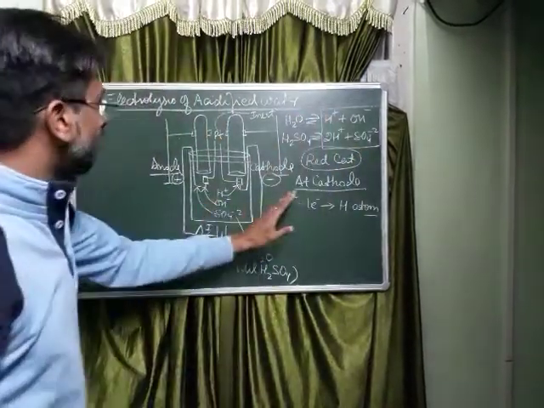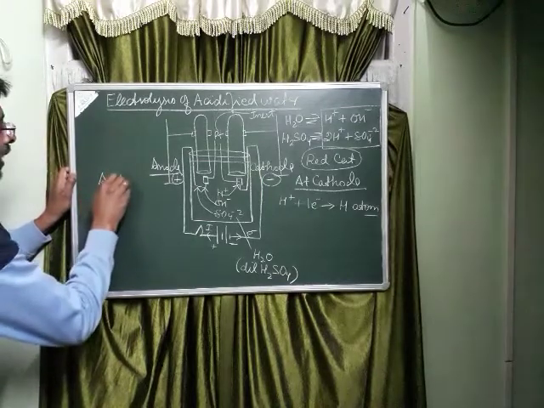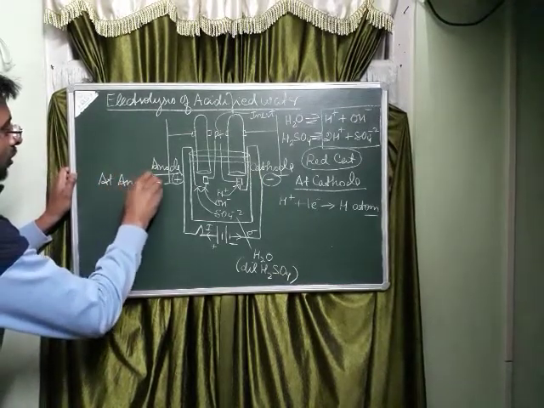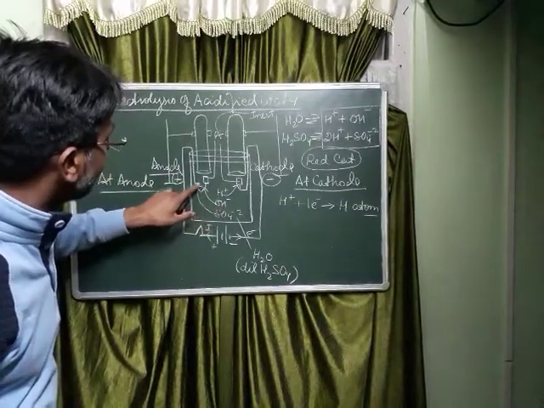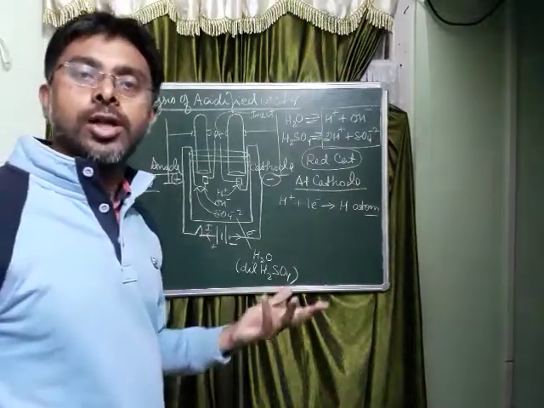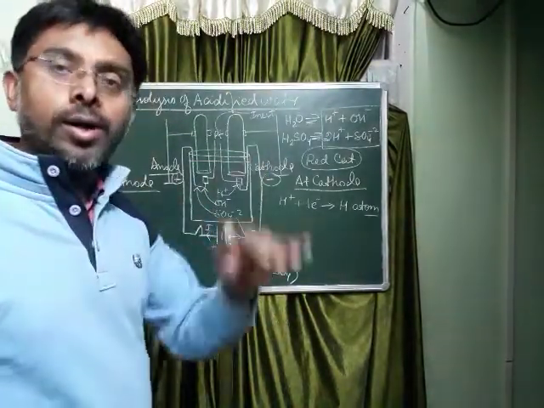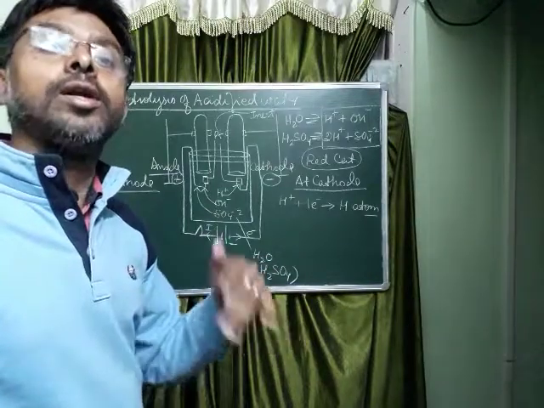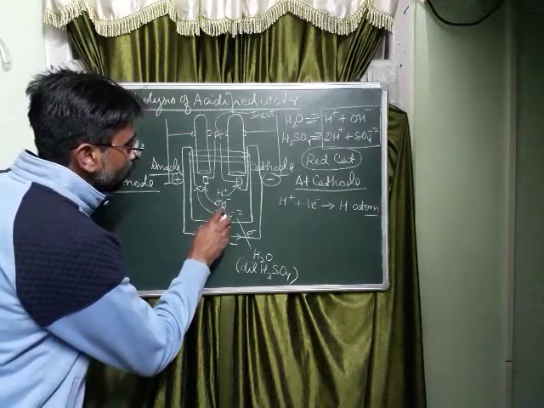Now let us come to the anode side. At the anode, the hydroxyl and the sulfate ion come to the anode. But between hydroxyl and sulfate, which one will discharge? The ion which is placed lower in the electrochemical series will discharge. So between hydroxyl and sulfate, which is lower?